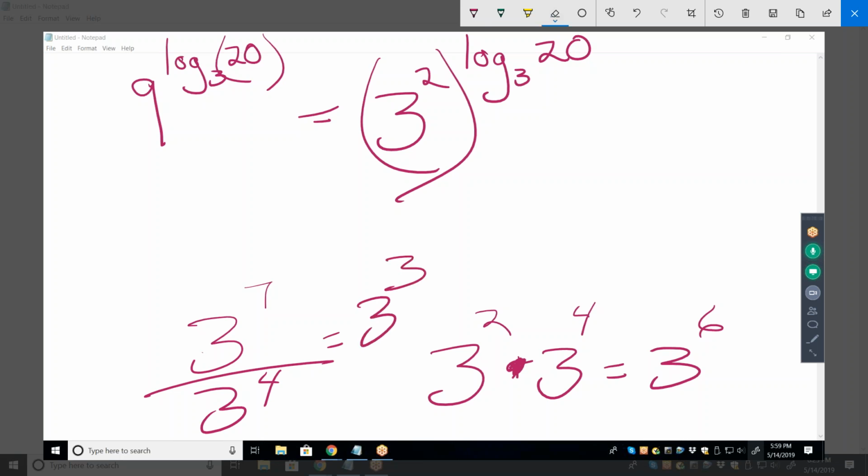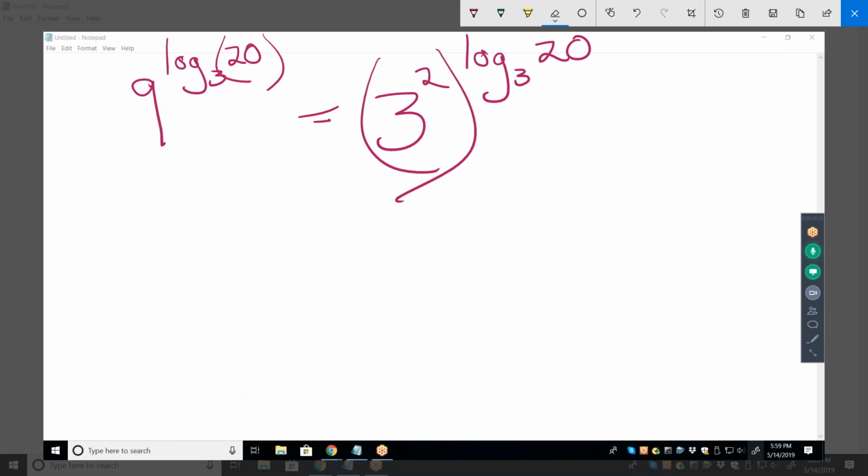And finally, if I have a to the b all to the c, what do I do to the exponents? You multiply them.